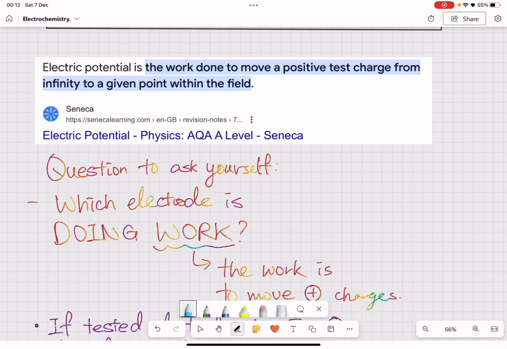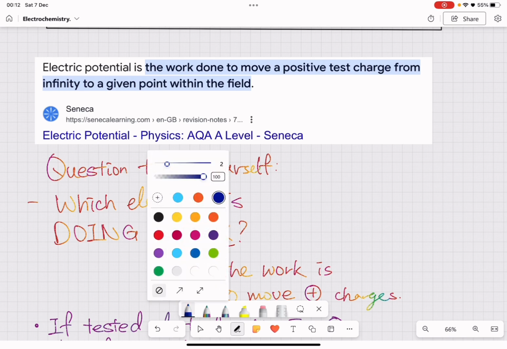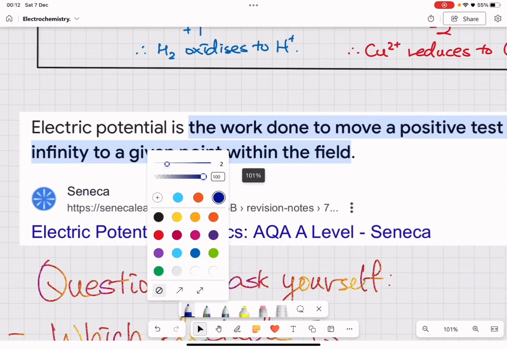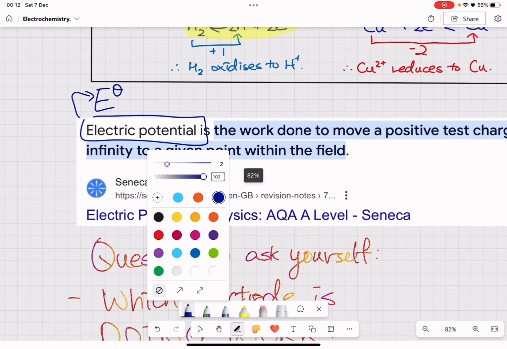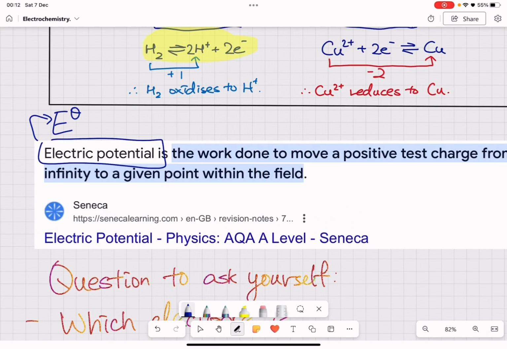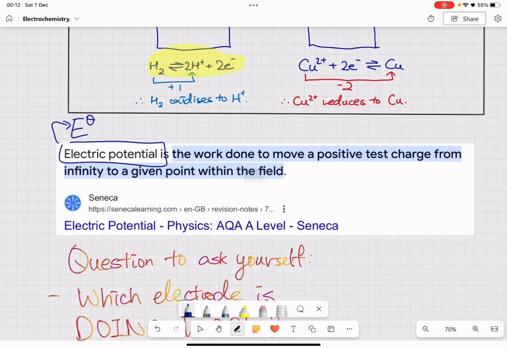From my understanding, the standard electrode potential is just the electric potential, but for electrodes, if that makes sense. And what are electric potentials? This is a reminder that it is the work done to move a positive test charge from blah blah blah to blah blah blah.